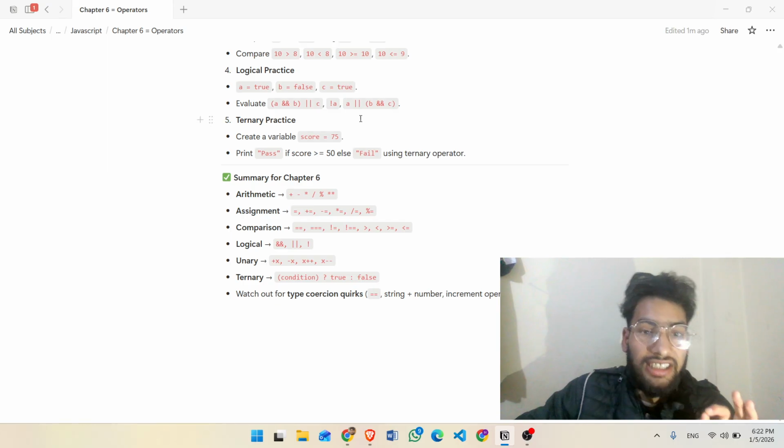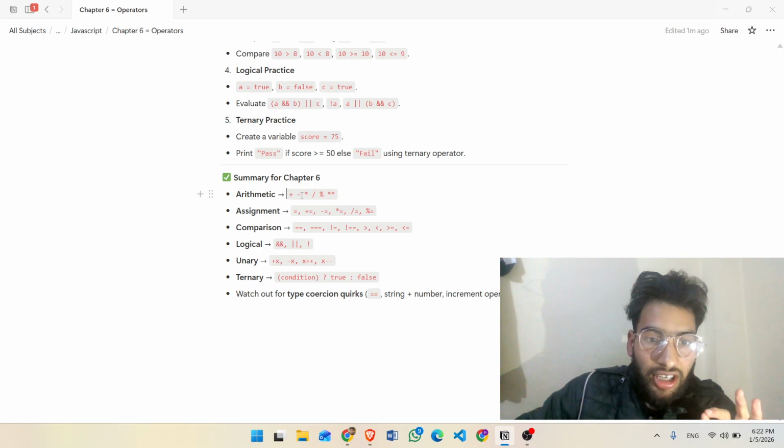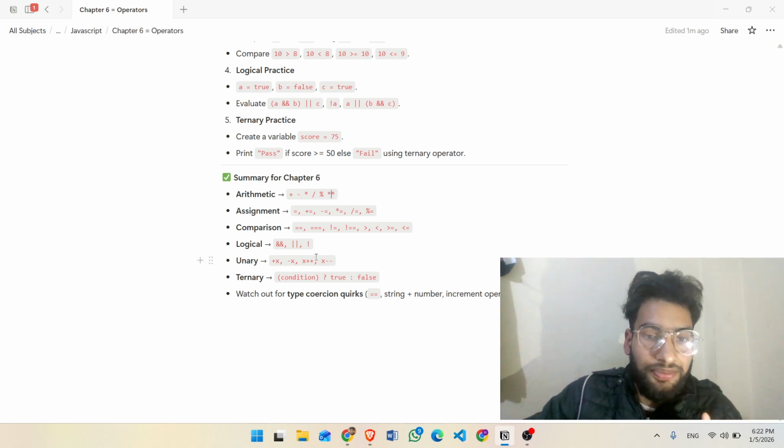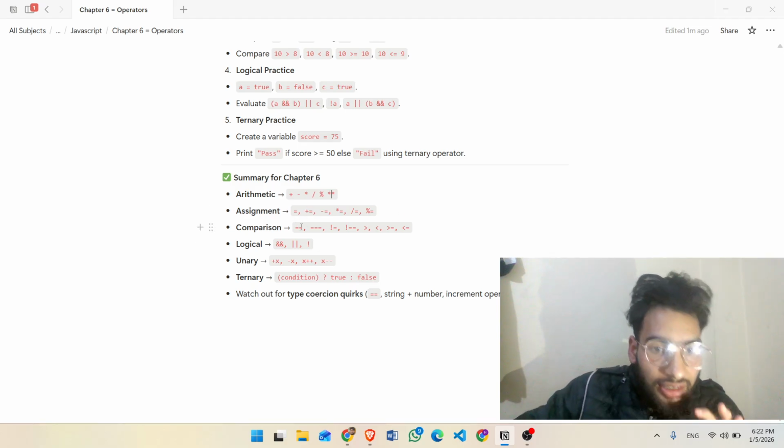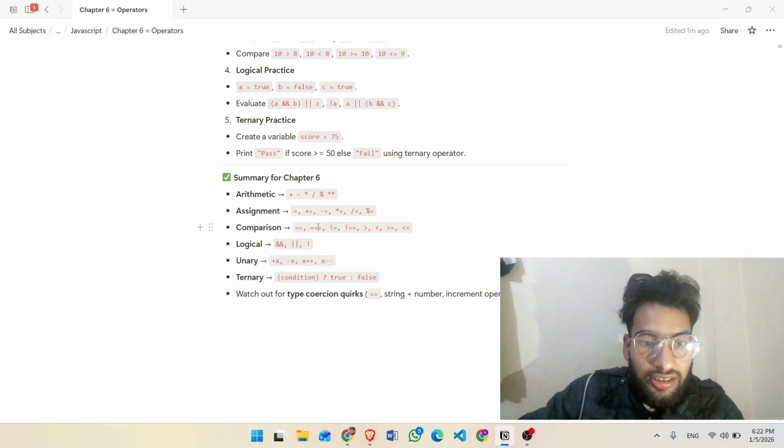So, let's see the summary of our chapter 6. Arithmetic means plus, minus, multiply, divide, modulus, and power. Double multiply is said as power. Assignment means equal to, plus equal to, like that. Comparison: double equal and triple equal.